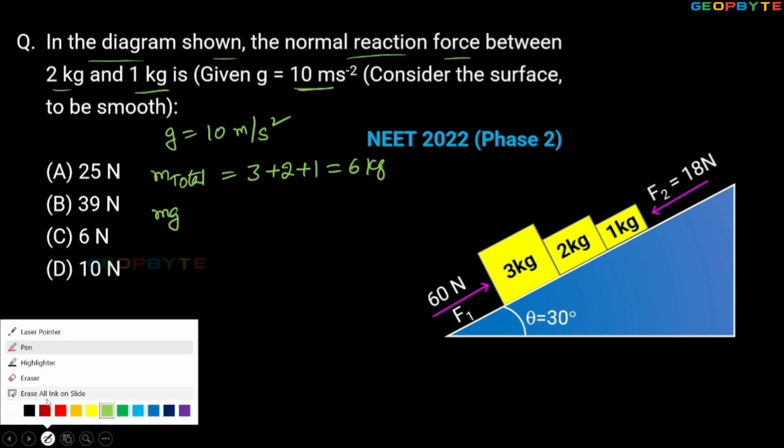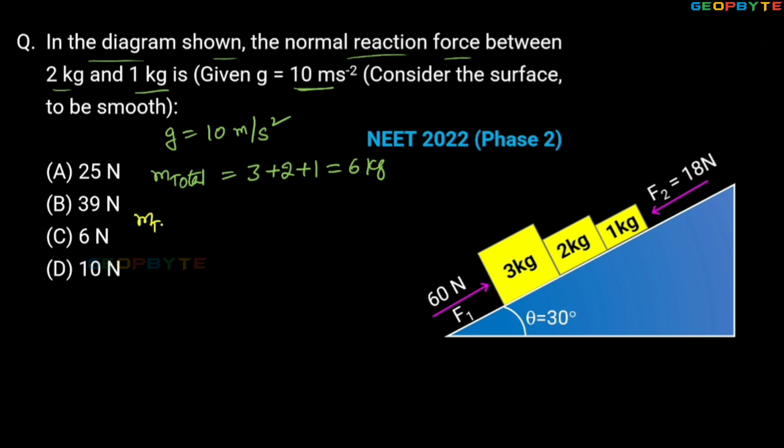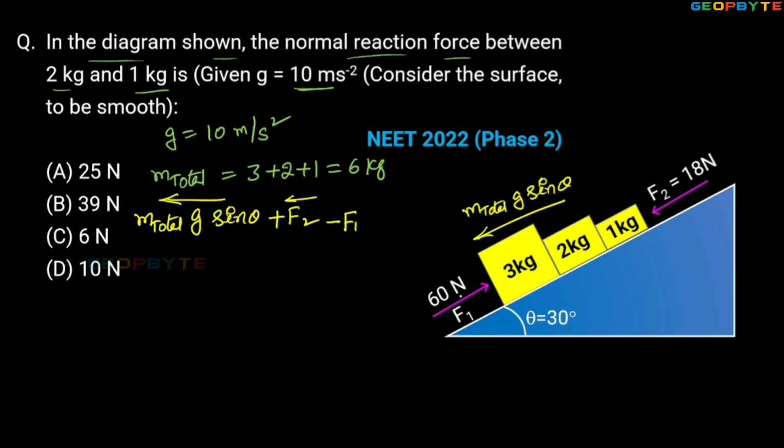Total mass times g sin theta is acting in this particular direction, plus F2 is also acting in the same direction, right? But F1 is acting opposite, so minus F1 must be equal to the net force. That net force equals total mass multiplied by acceleration.